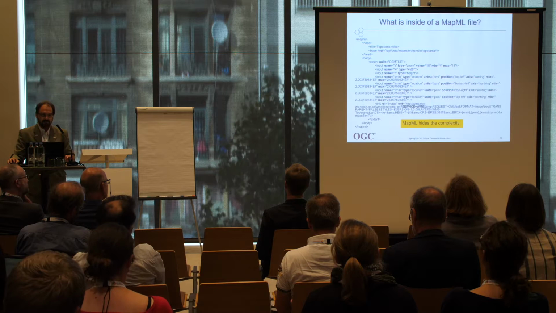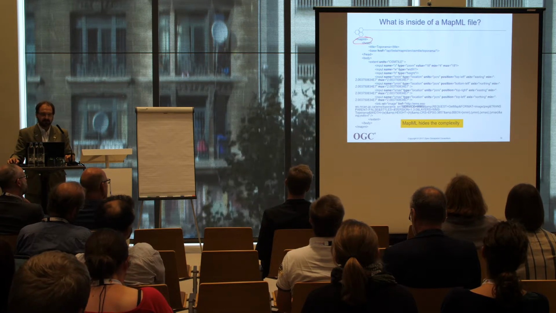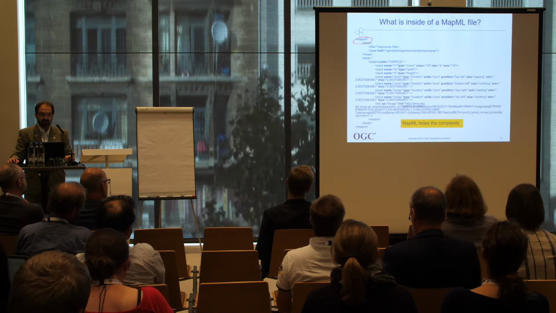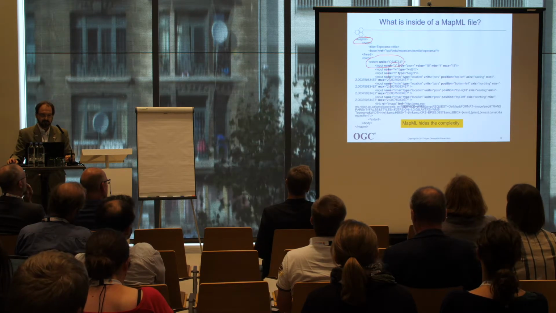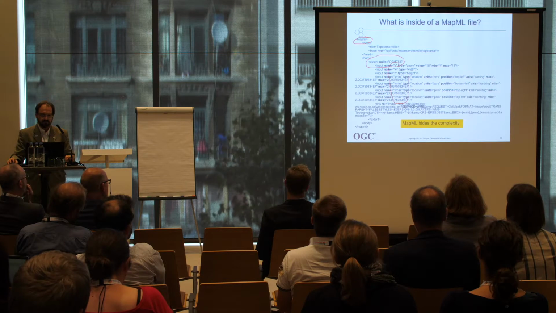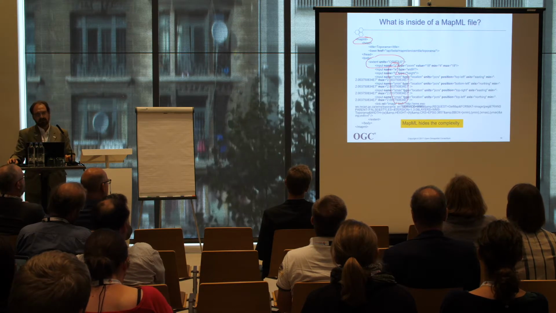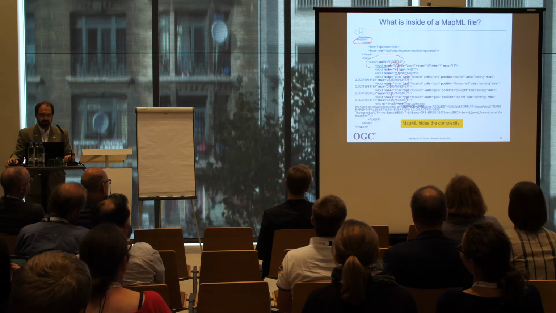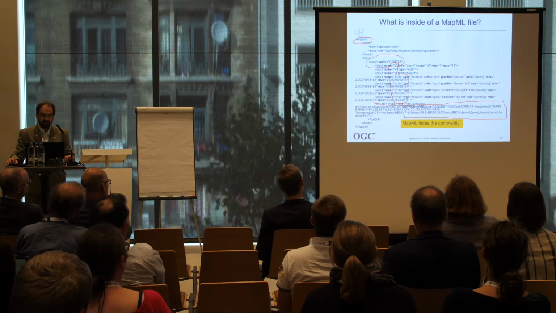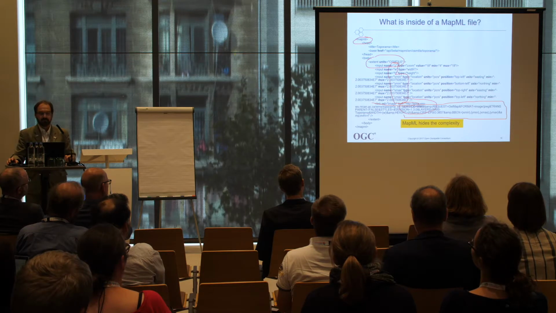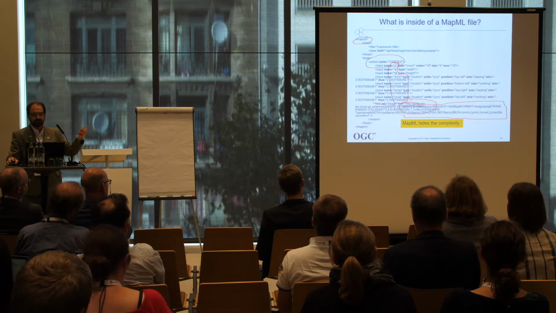HTML, but it's not. It starts with MapML, it has a header, it has a body, and then it has an extent. And in this extent, it defines some variables like a bounding box, Z, whatever. And then it has a URL template here that actually communicates, in this particular case, with a WMS, but it can do tiles or it can do features.